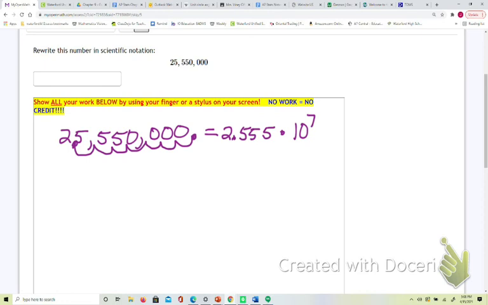Why is it positive? Because the number is big. Now, when you go to type this into the answer box, 2.555, to get your times, you have to do shift 8. Shift 8 for times. Times 10 to the 7th. So don't forget, shift 8 to do times. Make sure you have all the work in the work area before you submit.